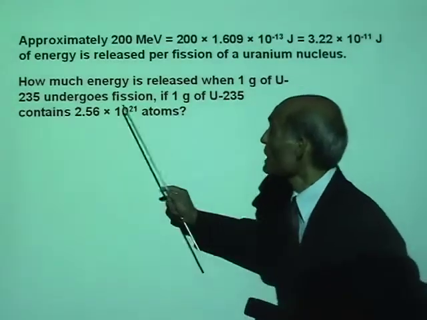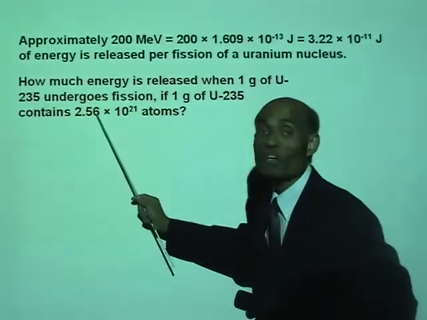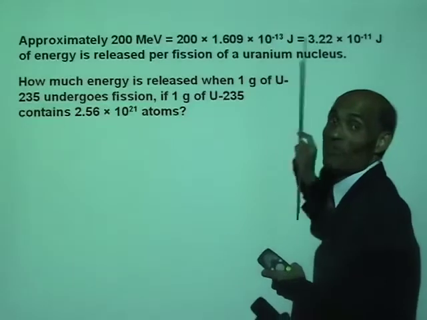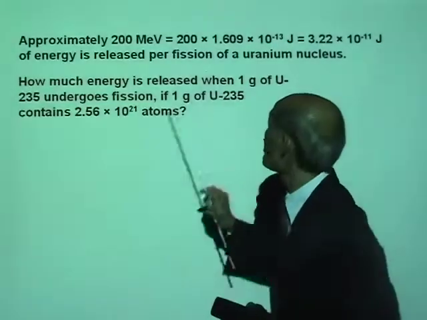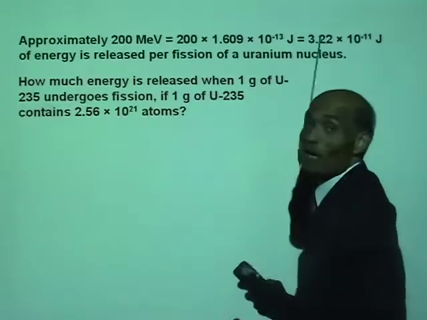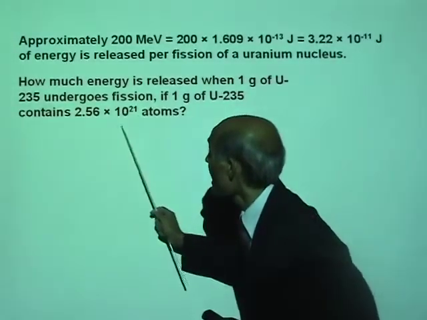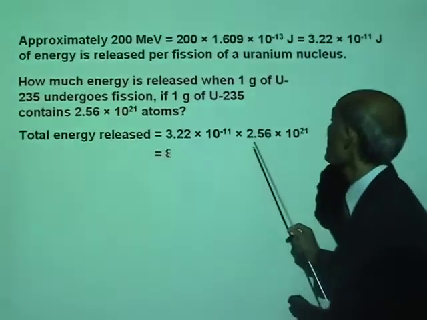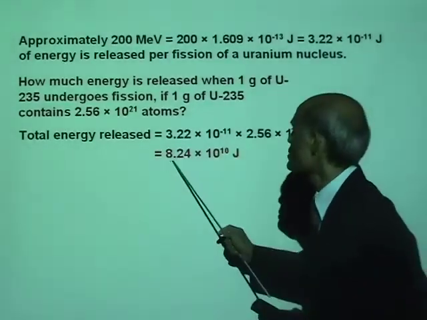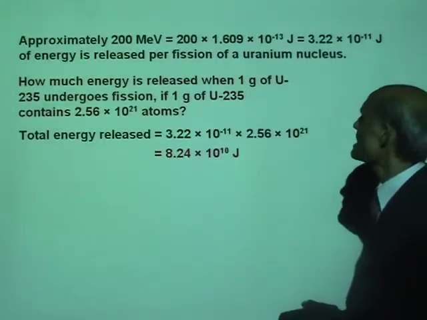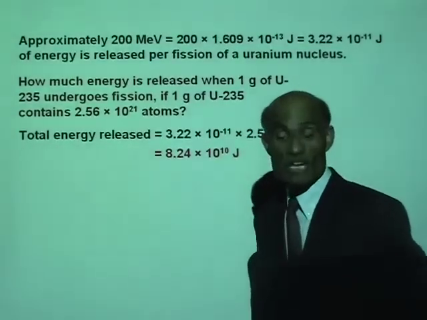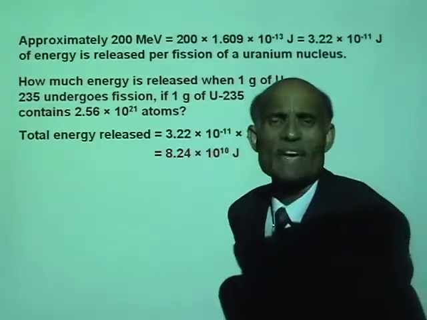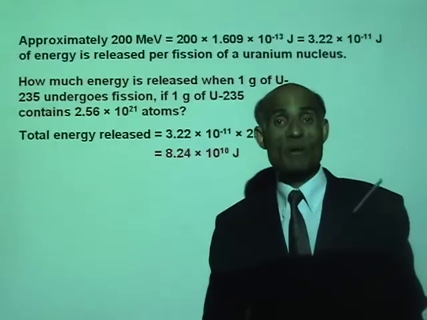Each of these atoms undergoing fission will generate this much energy, and therefore the total energy released will be this energy per fission multiplied by the total number of atoms. Right? And that will be a staggering amount. It is 8.24 times 10 to the power of 10. In other words, it is approximately 82 billion joules of energy, and that is a tremendous amount of energy.